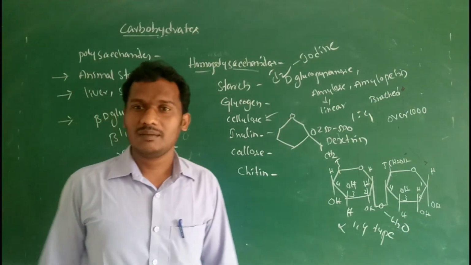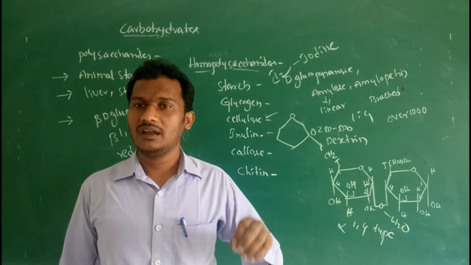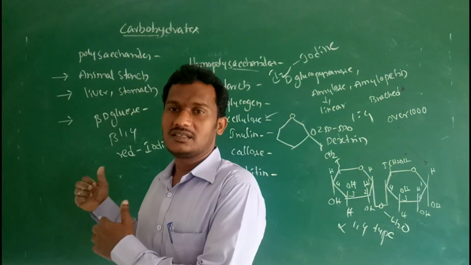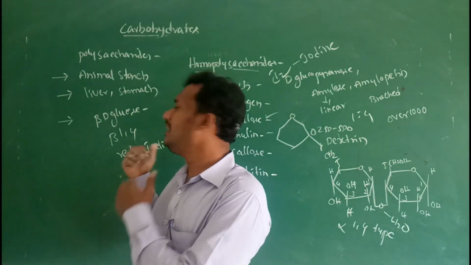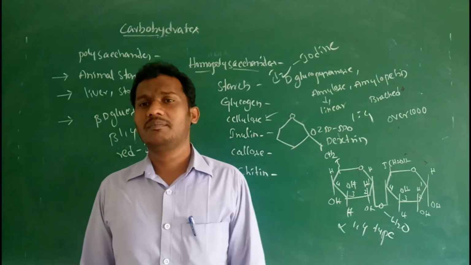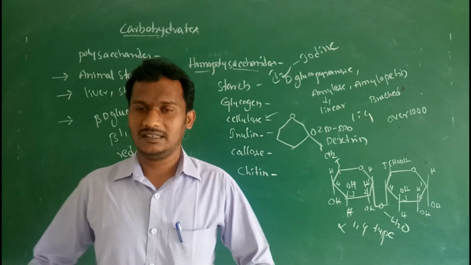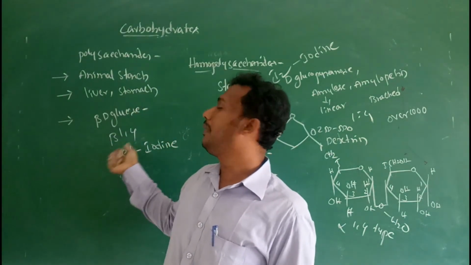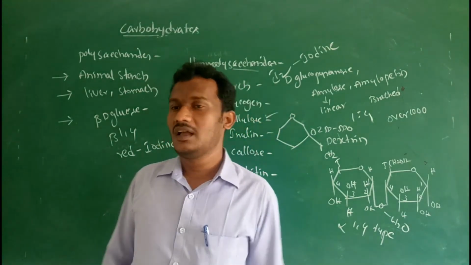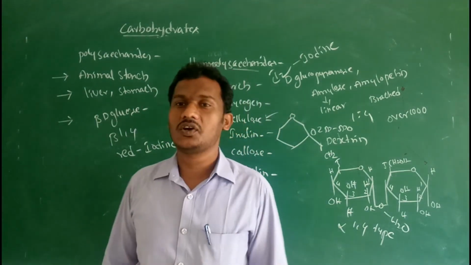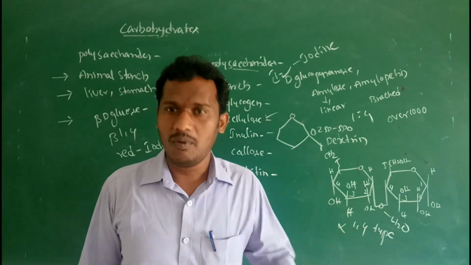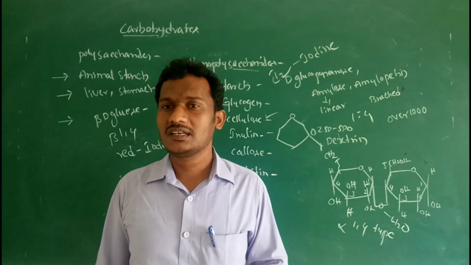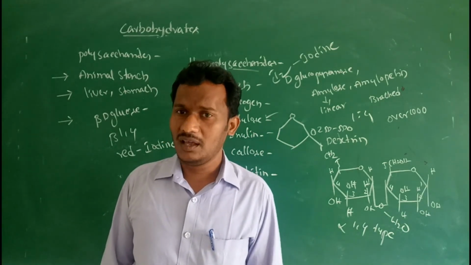So cellulose is the most abundant compound in the plant kingdom. The plant cell wall is composed of cellulose. In cellulose, the same type of monosaccharides are present, that's why it is a homopolysaccharide. It contains beta D glucose units joined by a glycosidic bond, of beta 1,4 type, with the elimination of a water molecule.